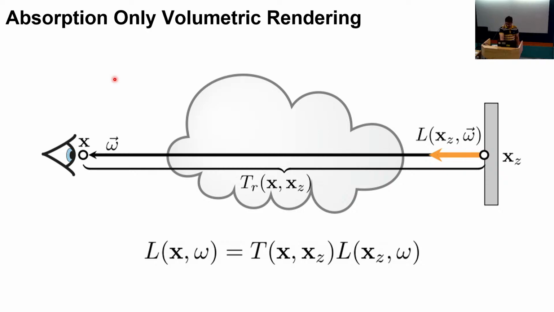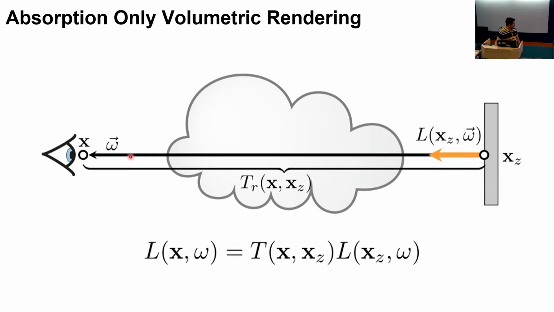Now this brings us to our first model, the absorption-only volumetric rendering. Here we assume there is no emittance, no light source, and everything is being absorbed. This is some medium for which we have the transmittance we defined, and this is the light or luminance coming from some point x_z, and it has to reach our viewpoint x in direction omega.